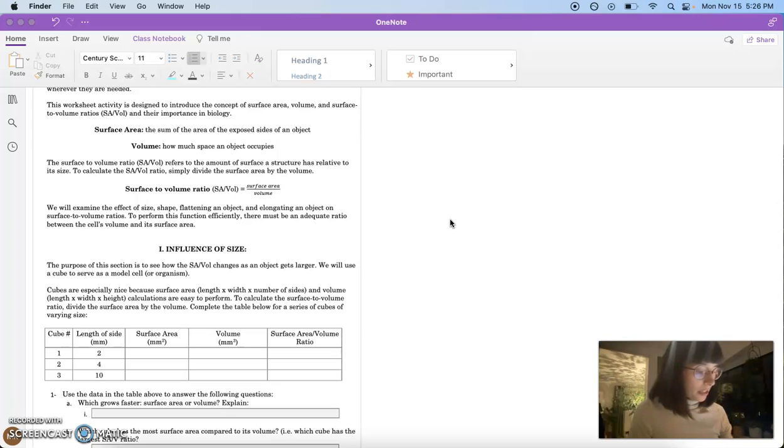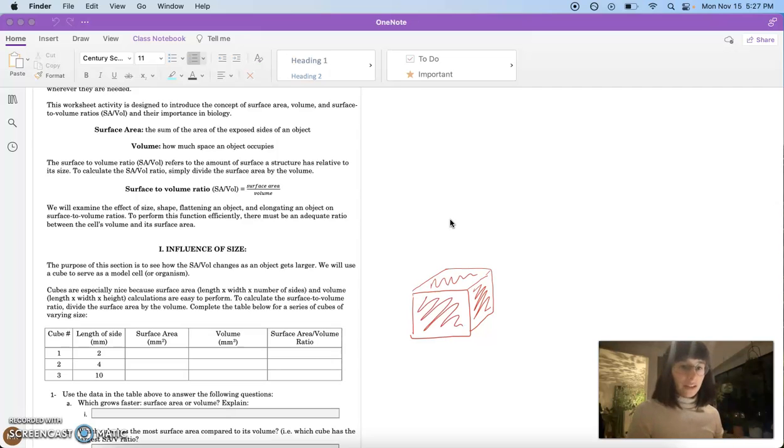When we're looking at surface area, I'll draw a little cube here. The surface area is all of this space that's in contact with the surface.